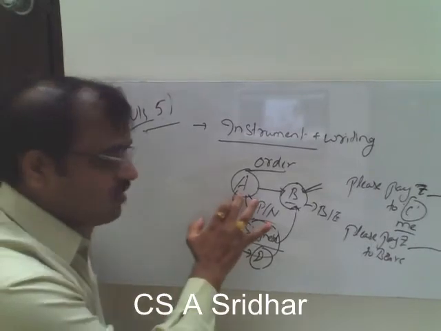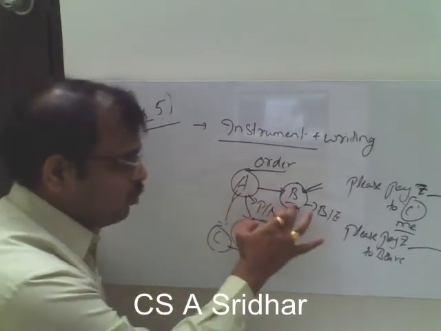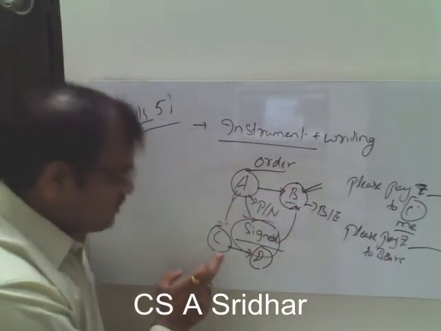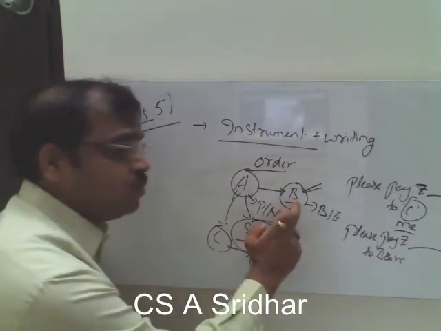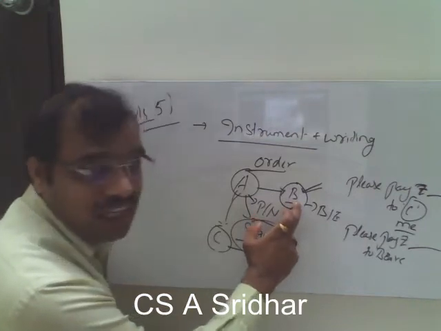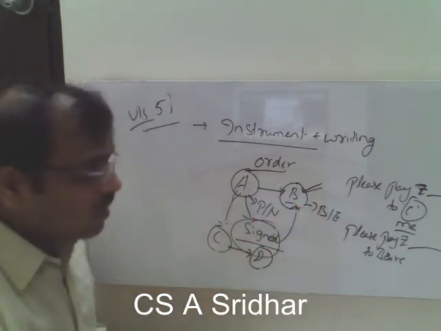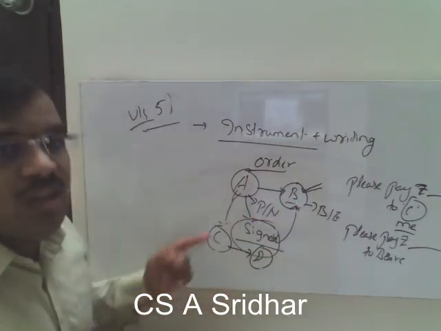Here first of all A is giving the order to B to make the payment to C. If C is endorsing the instrument to D, it means that C is giving the order to B to make the payment to D. Then that is the meaning of to the order of a certain person.